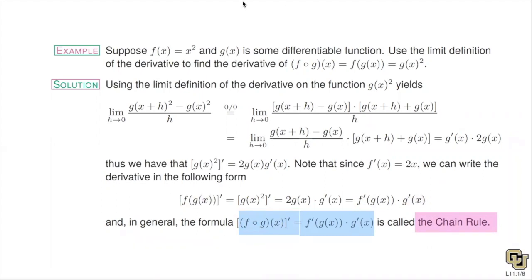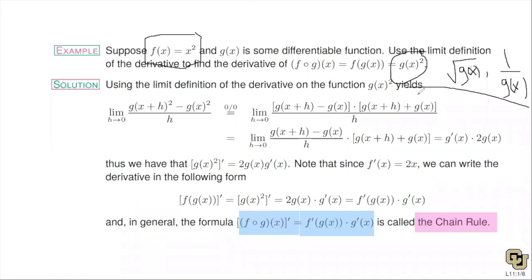So here I used g of x squared, where the outer function was f of x squared. If you try this same experiment with the positive square root of g of x, where the outer function is the positive square root function, or with 1 over g of x, where the outer function is the reciprocal function, 1 over x, then if you do the limit definition and rewrite, we keep getting this formula, f prime of g of x times g prime of x.